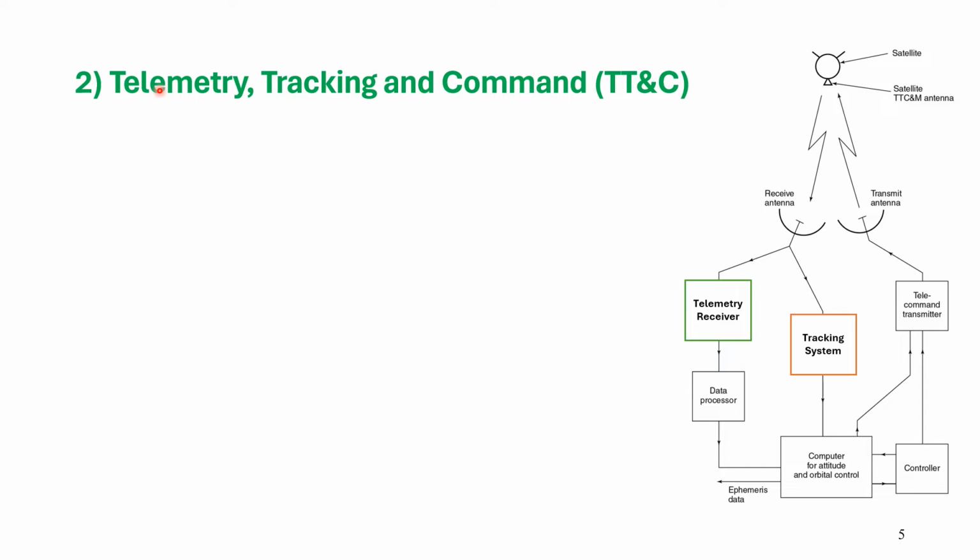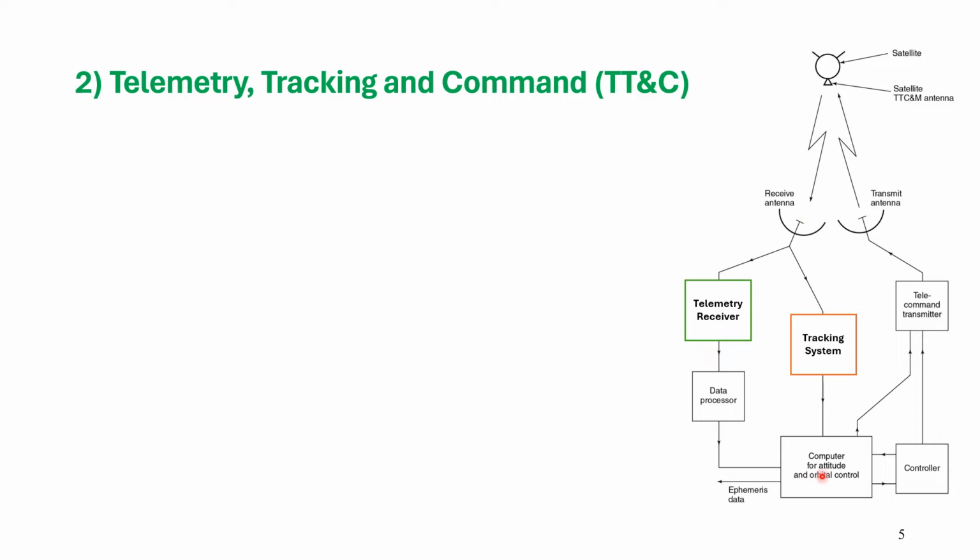Now the second subsystem is the telemetry tracking and command, TTC. You can see that we have the satellite TTC&M antenna, an antenna that's used for telemetry, tracking and command. So it communicates with the earth station. We have also a telemetry receiver and tracking system.